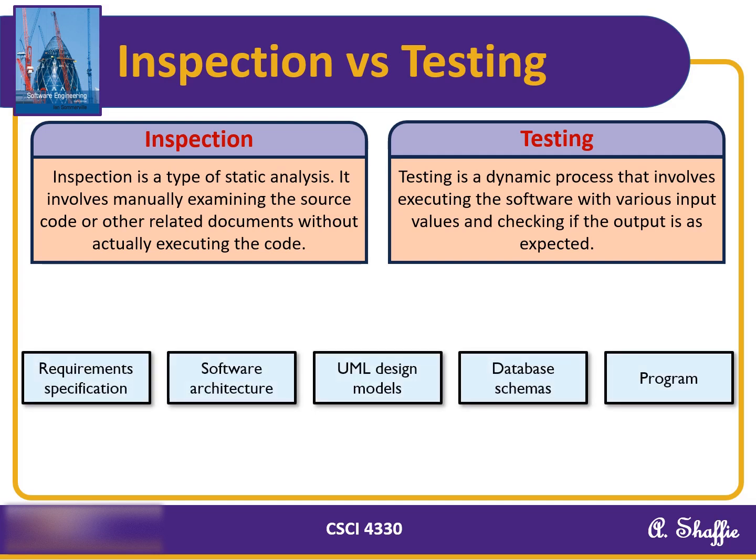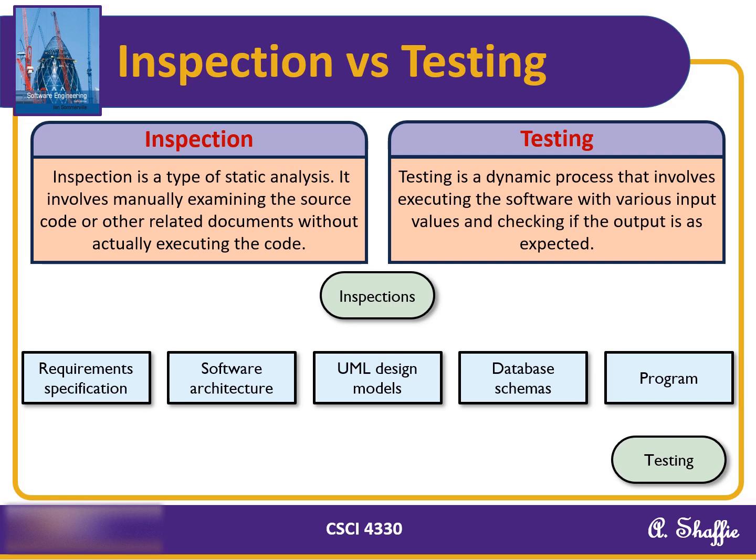As you can see in this figure, there are different software components, such as requirement specification, software architecture, UML design models, database schema, and finally a program that can be executed. Now, if we consider both processes, inspection and testing, you will note that inspection, since it doesn't require running a program, can be applied at all stages.